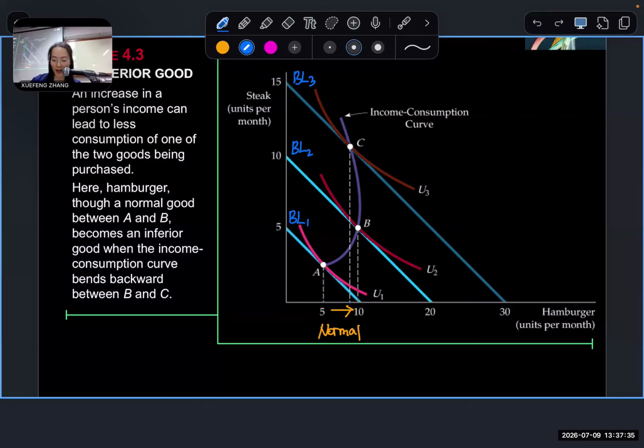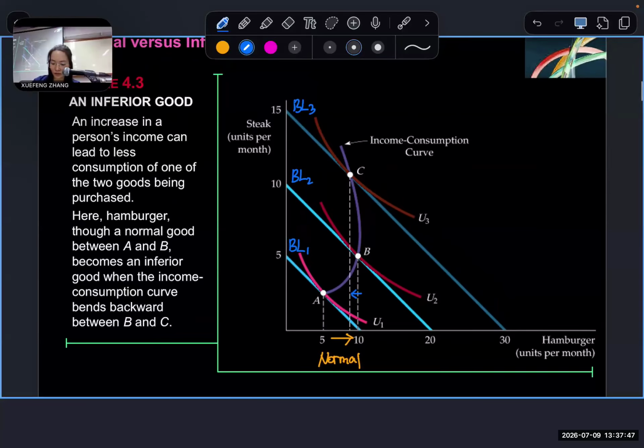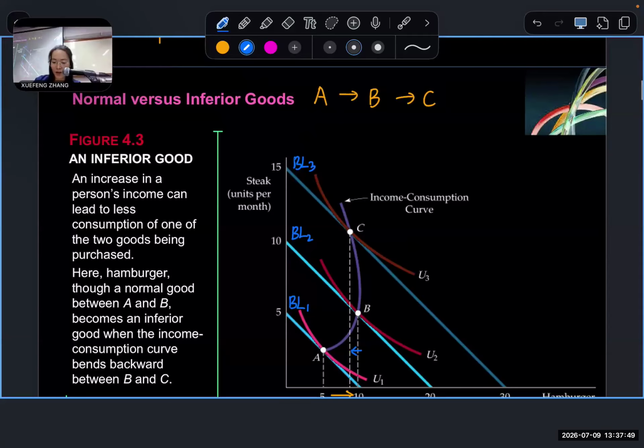So basically B to C is like this. Moved left, okay? That means from A to B, the hamburger is a normal good. But from B to C, the hamburger becomes an inferior good.